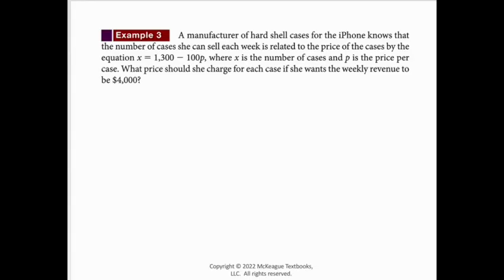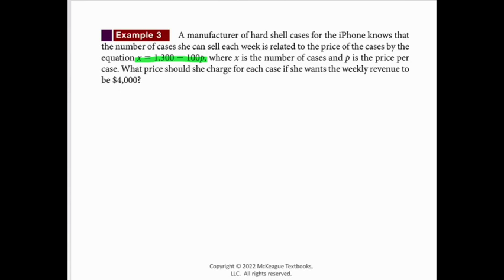Let's look at example 3 now. A manufacturer of hard shell cases for the iPhone knows that the number of cases she can sell each week is related to the price of the cases by the equation X equals 1,300 minus 100p, where X is the number of cases and P is the price per case.